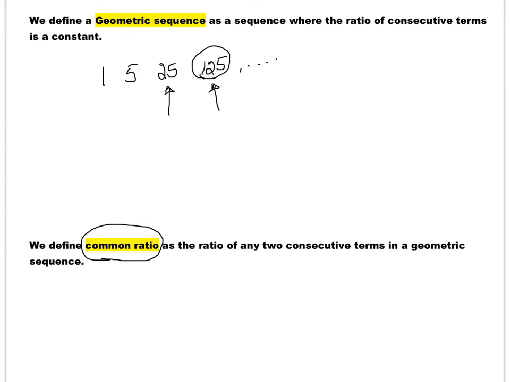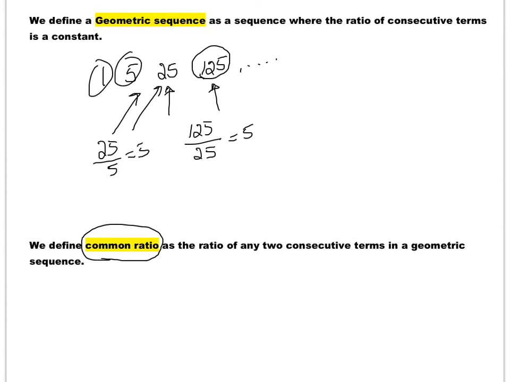Divide any term, 125, by the previous term, which is 25, and you get 5. Or take 25 and 5. Divide 25 by 5, you get 5. Take 1 and 5. Divide 5 by the previous term, which is 1, you get 5. You can see that the constant, which is the common ratio, is the same, which is the number 5.